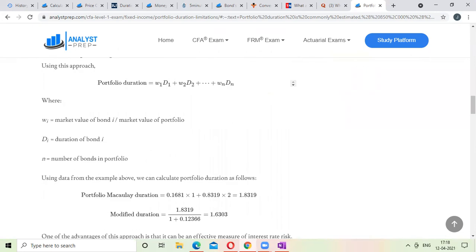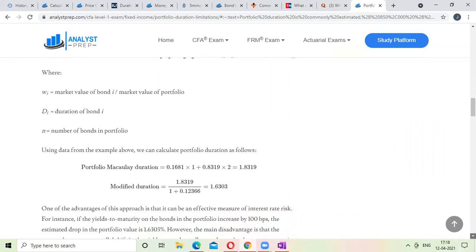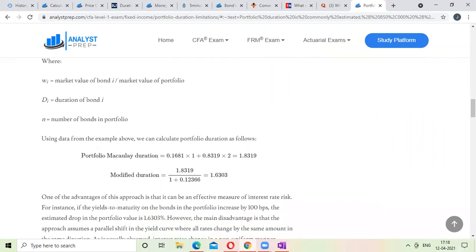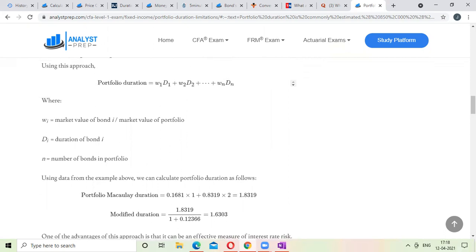So you are taking both the weights and you have the duration for both of them. That is what the formula says. Number of bonds, W1 D1.